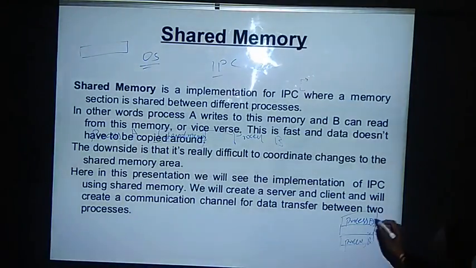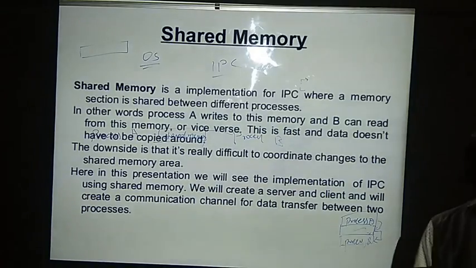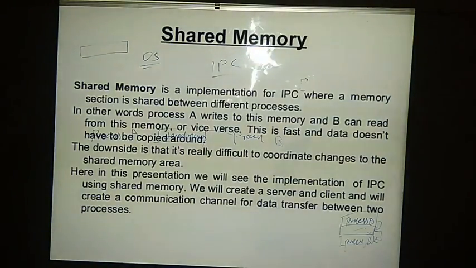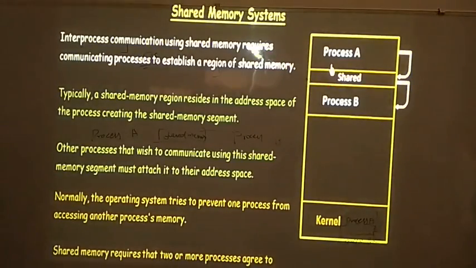Process A will put the data here and that data will be accessible by process B. Vice versa, we will do the communication. We already discussed this in the previous lecture, but here we discussed it in detail. See here, process A and process B, and in between we have shared memory. That shared memory should be attached to process B so that it can access the data.